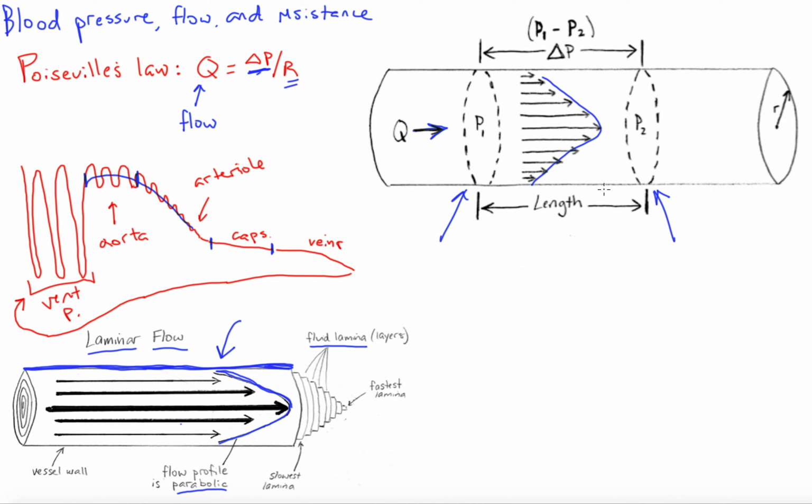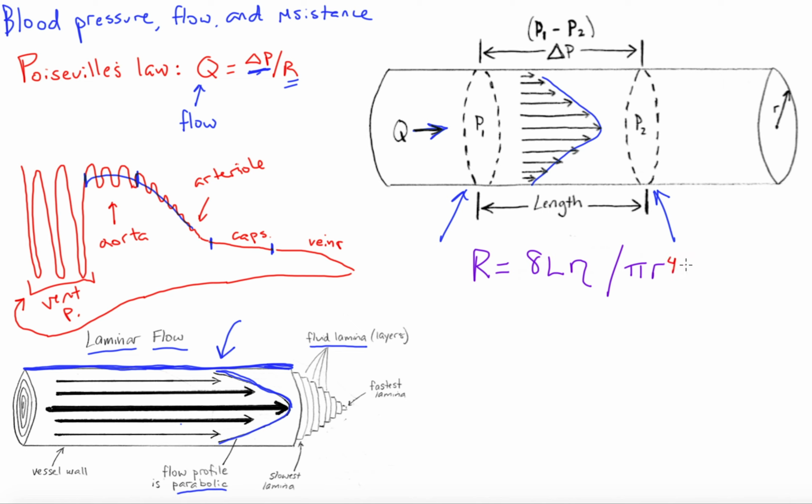What is R? Well, R is a little bit more complex than delta P. And R, resistance, equals 8Lη over πr to the fourth.